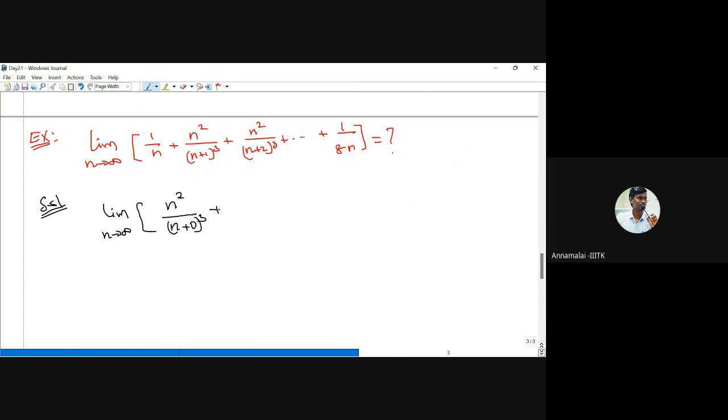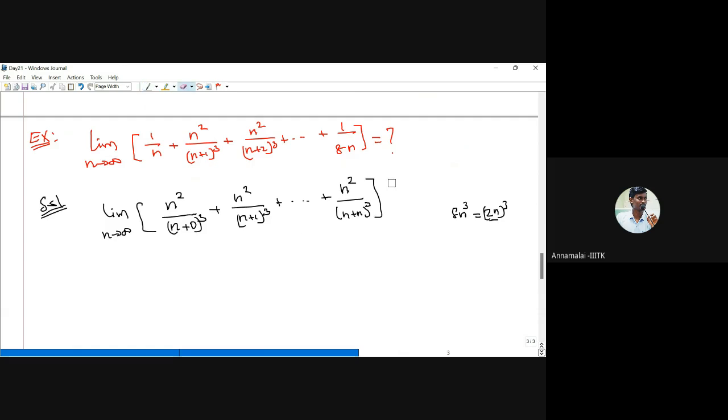The second term we write as n square by n plus 1 whole cube, and so on. For the last term, n square is missing, so we multiply n square by 8 n cube. 8 n cube is nothing but 2n whole cube, because 2 cube is 8, and 2n is n plus n. Therefore, the last term we can write as n plus n whole cube.